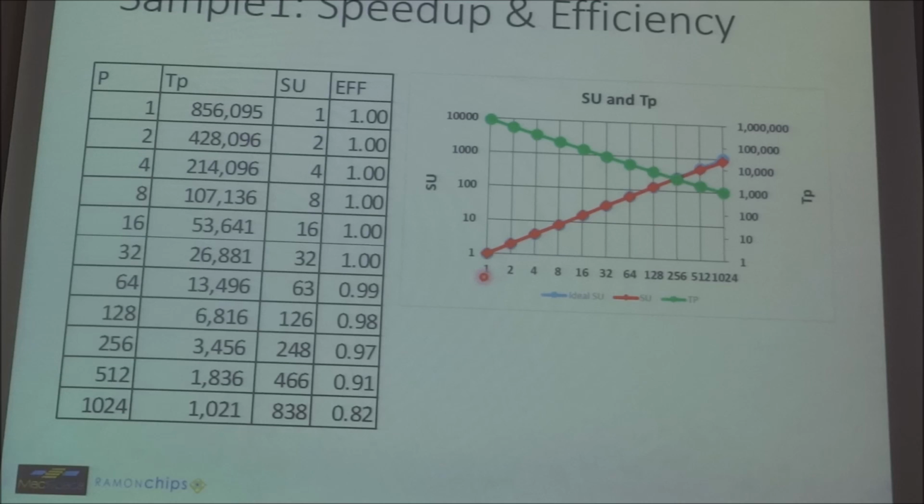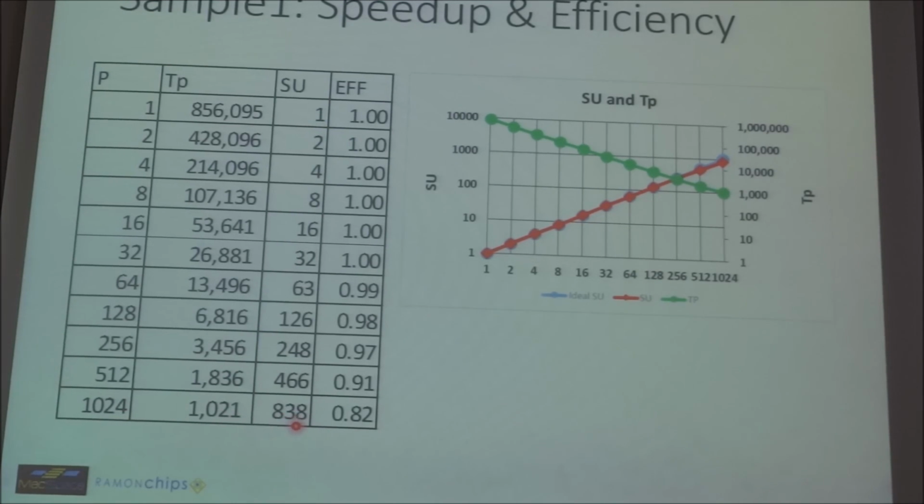This is a log-log chart. The bottom is 1, 2, 4, 8, the number of cores. As you see, it's a logarithmic scale. On the left, it's a logarithmic scale of speed up. Speed up is the red line, and it shows speed up is very nice. Even on 1024, I get 838.